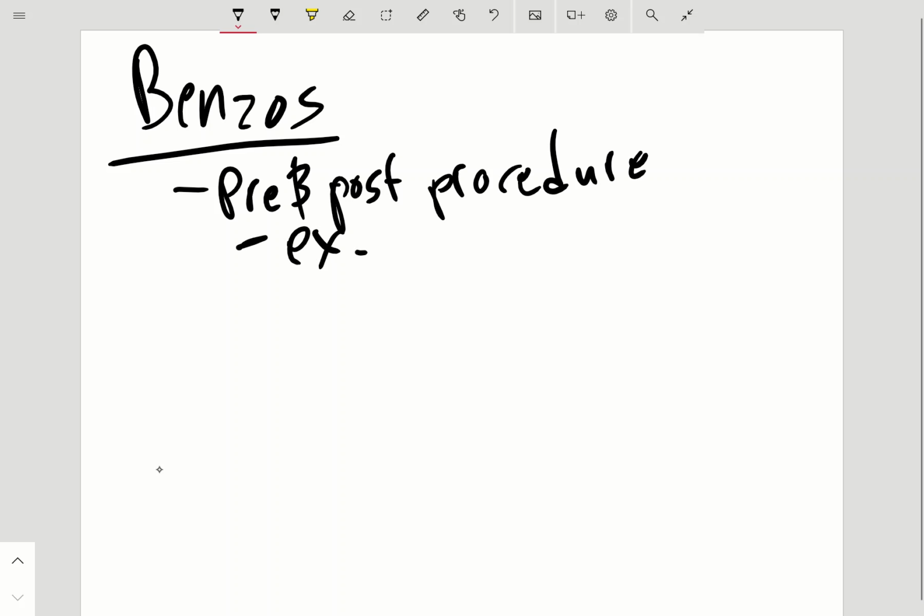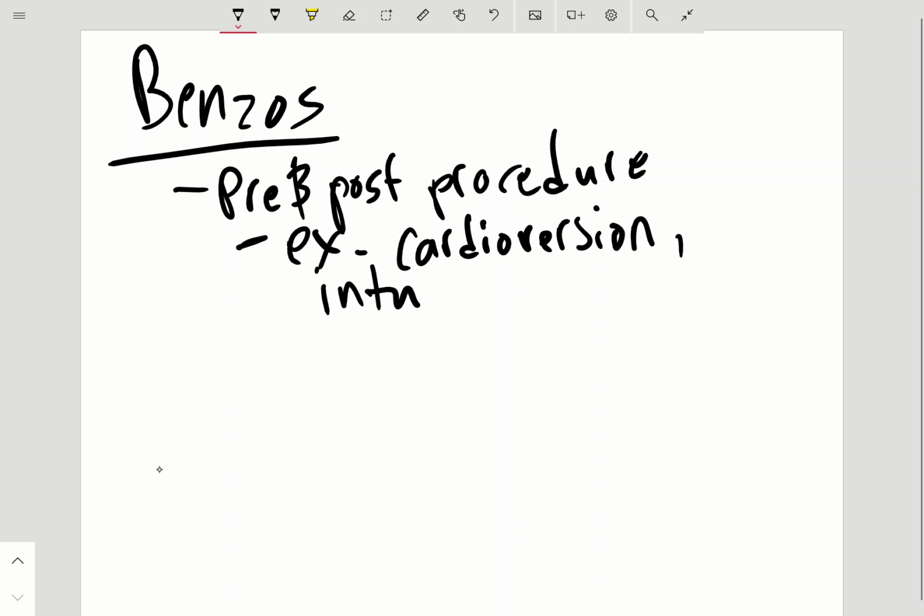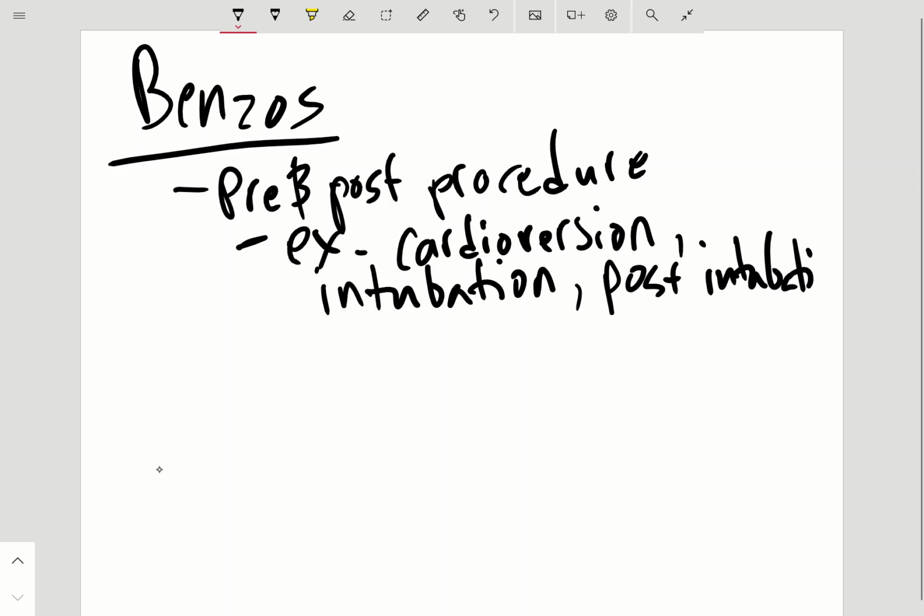Examples would be cardioversion, intubation, and post-intubation sedation.